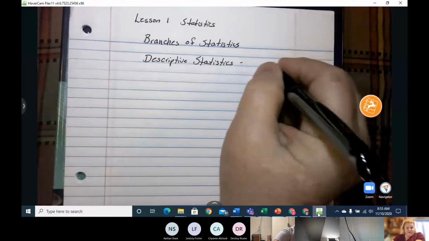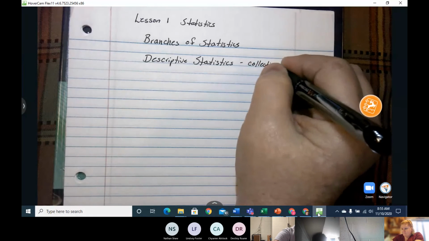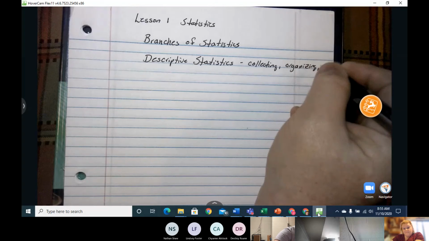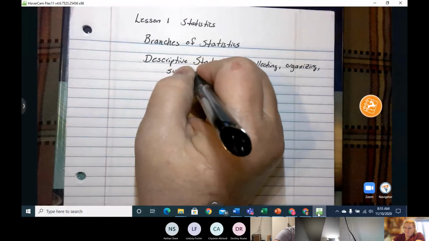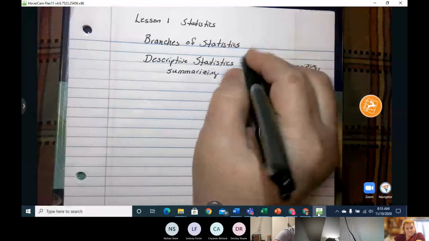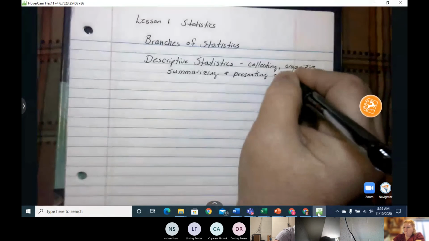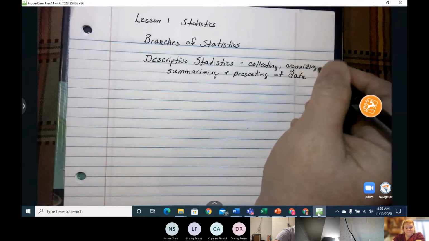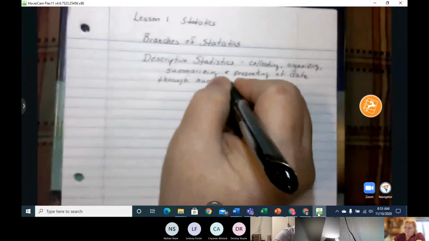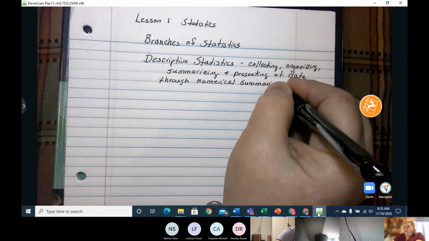But descriptive statistics is more about the collection, the organizing, the summarizing, and the presenting of the data through some simple numerical summaries.